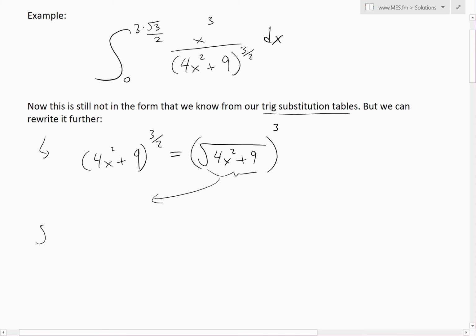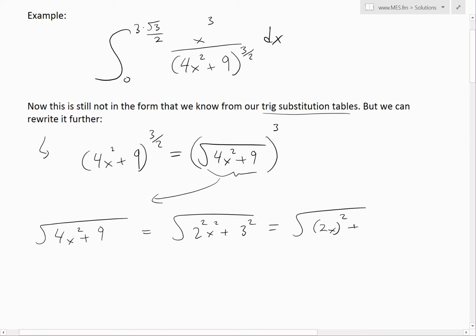But if we rewrite this further, so we just take the square root only, 4x squared plus 9 equals, well the 4 is just 2 squared, so that's 2 squared x squared plus this 9 is just 3 squared. So this equals, put the 2 together, (2x) squared plus 3 squared.